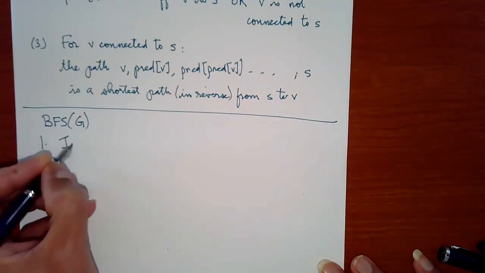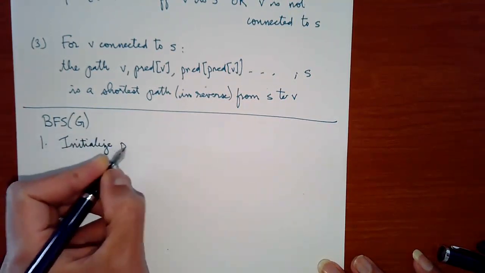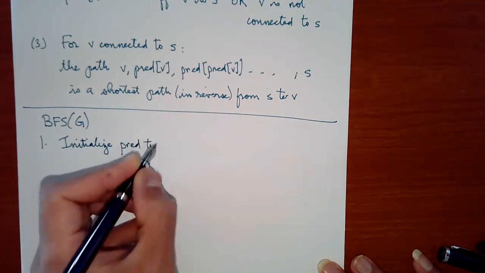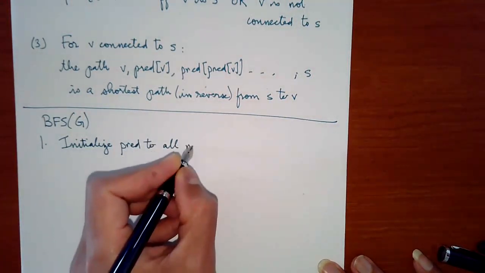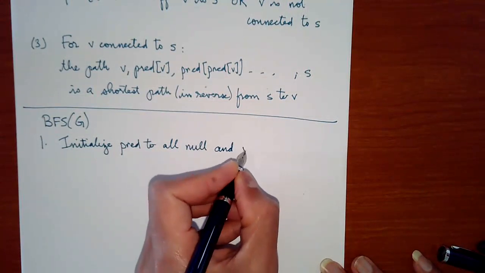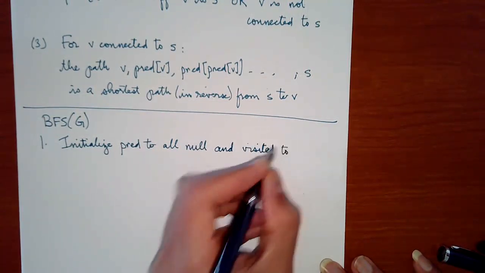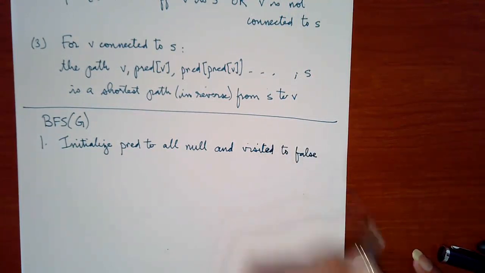So you initialize predecessor to all null, and visited to false.